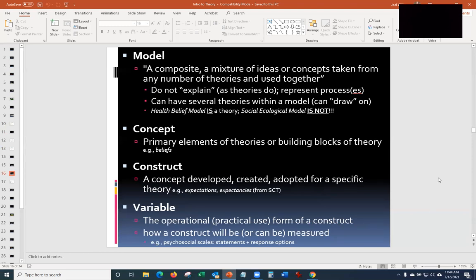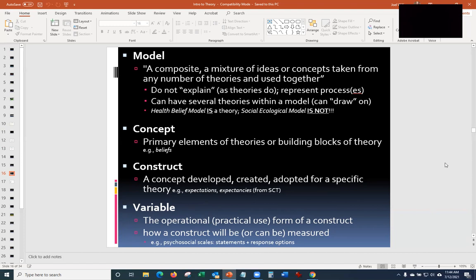So I want to focus here on this slide on the ideas of concepts, constructs, and variables. So a concept is a primary element of theories or models that we're talking about. These are the building blocks of theory, if you will. So beliefs would be an example. Now, there are specific types of beliefs. So when we get into specific types, then we're talking about a construct.